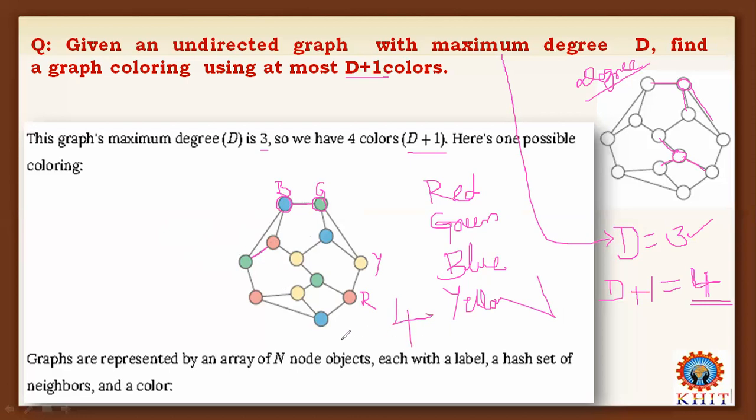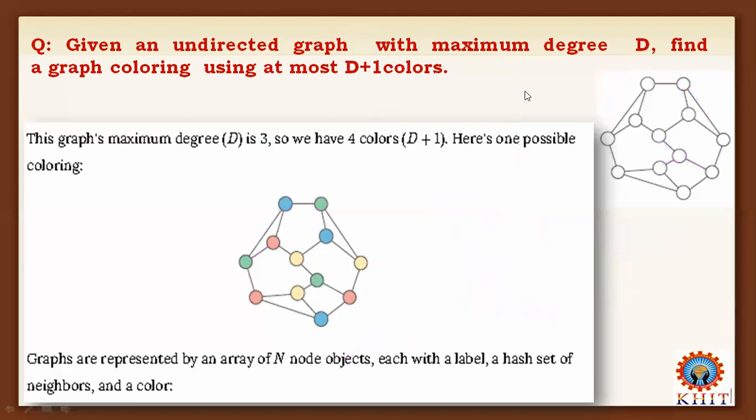Hence the chromatic number Cn is equal to 4. Students, in this way we can find the degree of the given graph, and the chromatic number of the given graph you can find very easily.